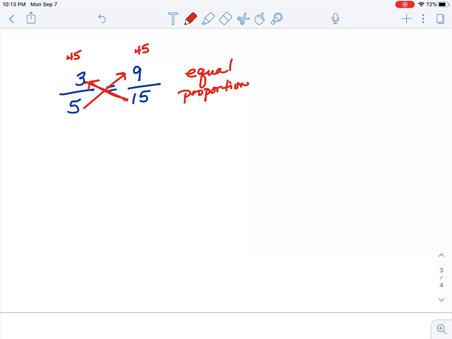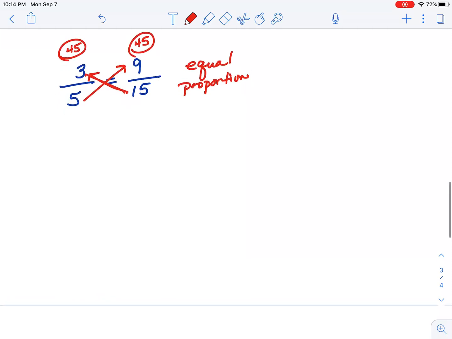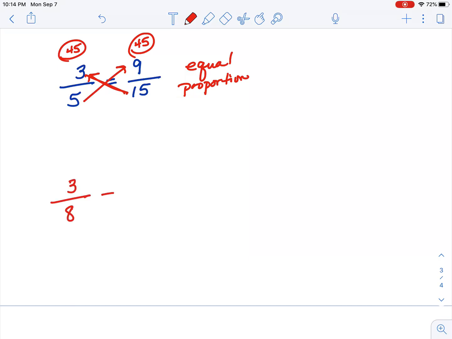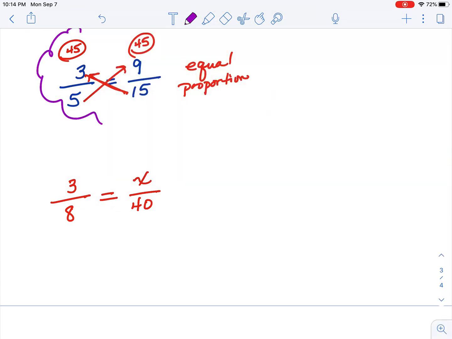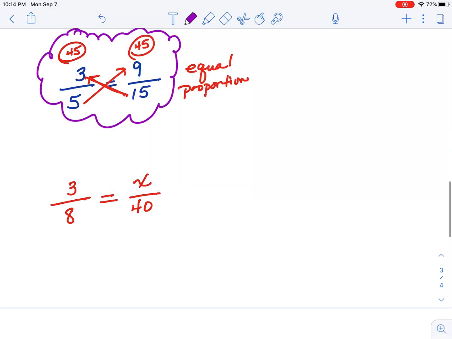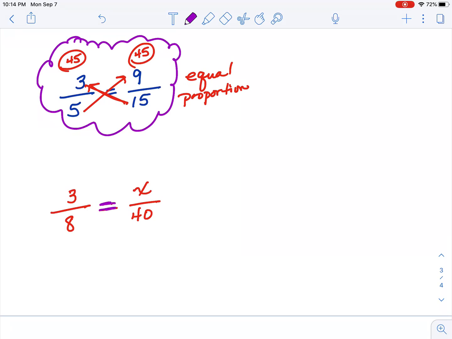Now, we're going to use that nifty little trick about multiplying across and getting the same thing to find a missing number. So if I gave you 3 to 8 equals x over 40, you could use your knowledge of this up here, that if they are really equal, when you multiply across this way and when you multiply across this way, you're going to get the same thing.